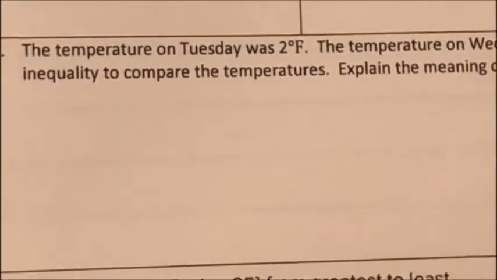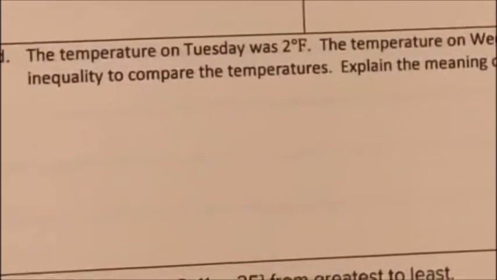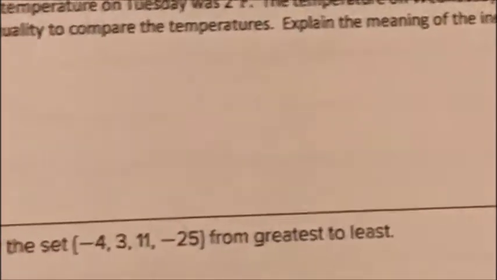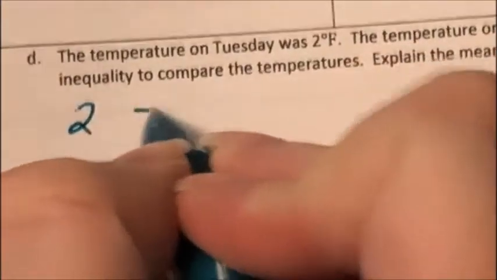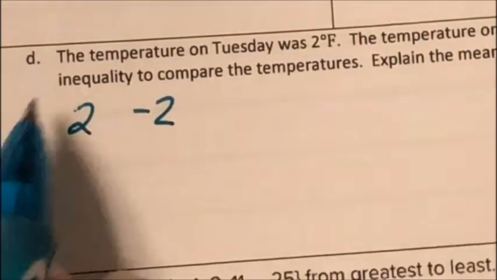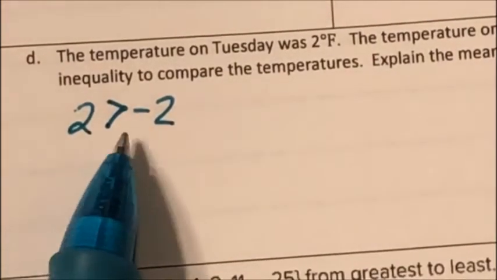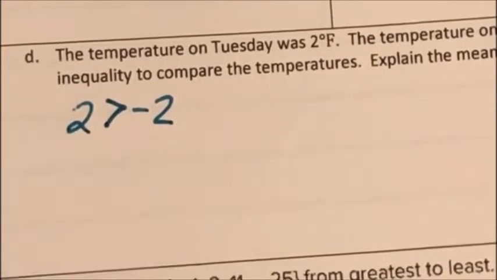Letter D says the temperature on Tuesday was 2 degrees Fahrenheit. The temperature on Wednesday was negative 2 degrees Fahrenheit. Write an inequality to compare the temperatures. Explain the meaning of the inequality. So I have 2 and negative 2. One's positive, one's negative. So that means my positive number is bigger. So 2 is greater than negative 2. Then I need to explain the meaning.